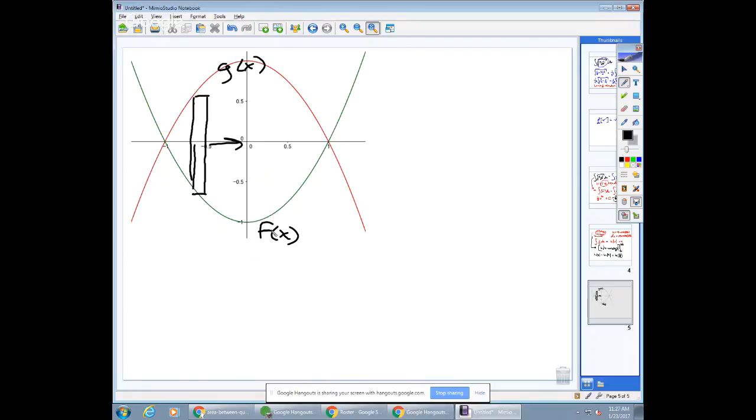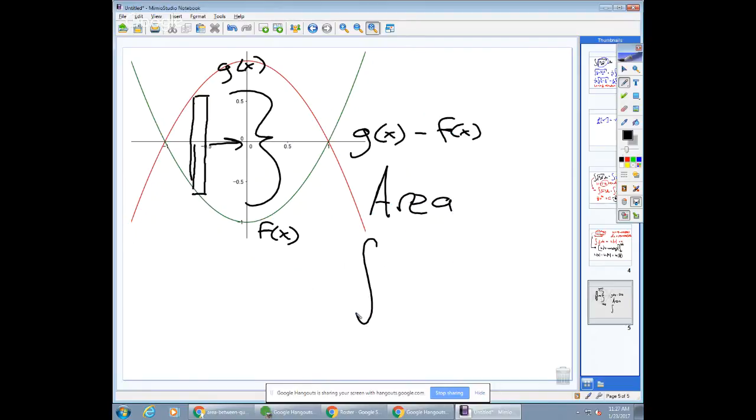And so the height of any one of those rectangles, picking an x value in between, is just the distance between the y value for g of x and the y value for f of x. And when you're finding area, you just integrate across the height for a given interval. So to find this particular area, I want to integrate from -1 to 1 g of x first, which was 1 minus x squared.